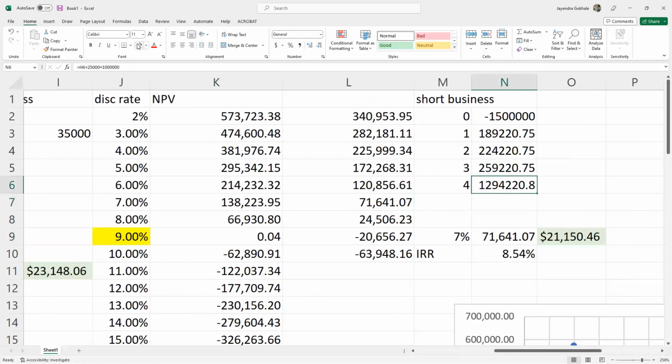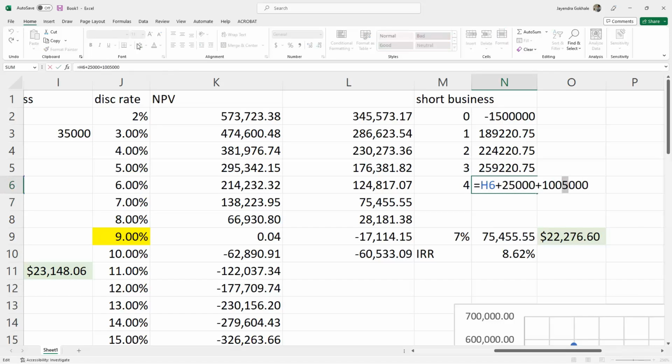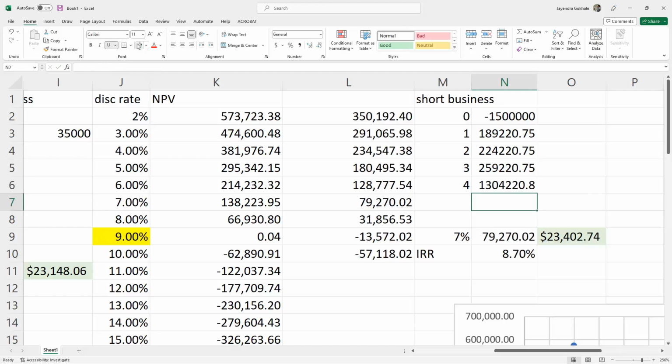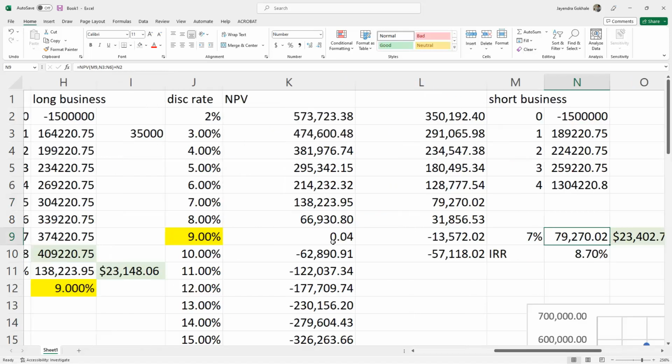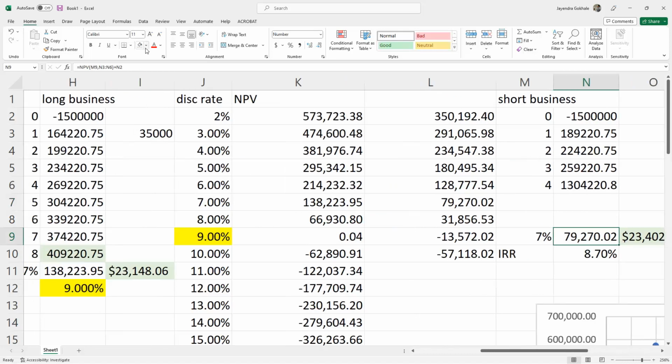But what if this scrap value, instead of $1 million, was $1,005,000? Or $1 million, not 5,000, but 101,010,000. Notice how this net present value, let us mark it in light blue, is less than this net present value.